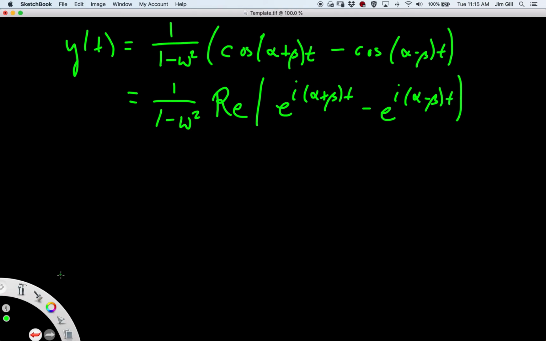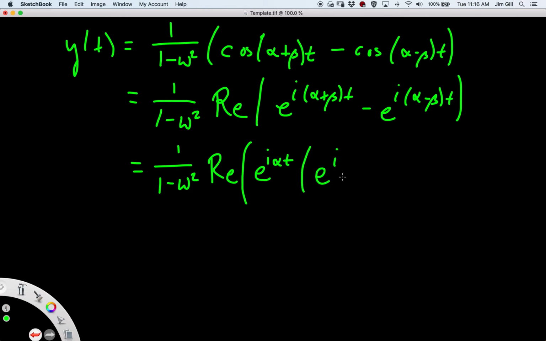That might not look helpful, but we can do a little more massaging of what we have. We keep the 1 over 1 minus omega squared there. Let's keep the real part for a second. I can pull an e to the i alpha t out of both of these, and then I have some stuff left: e to the i beta t minus e to the negative i beta t.